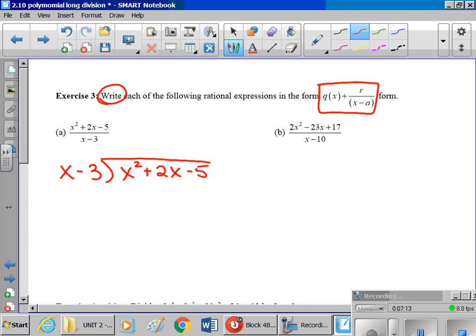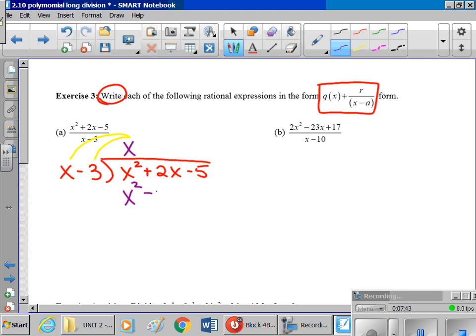Again, please put your pencil down and just watch this for a second. We need to have an x squared right here. So in order to get an x squared, I need to multiply x times x. But then don't forget, you have to also do the second term. So it's x times x and x times negative 3.